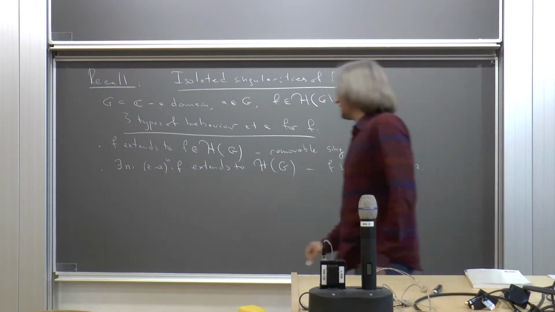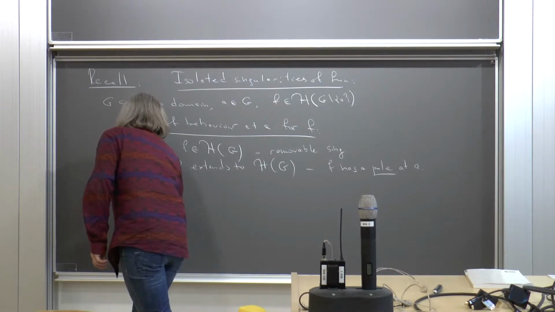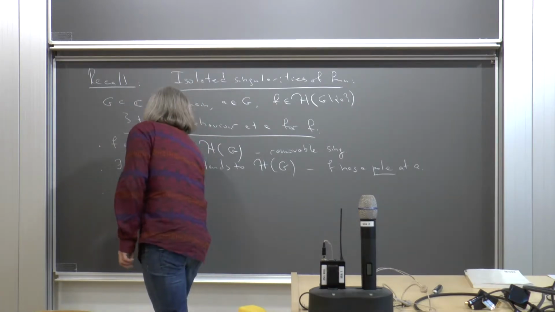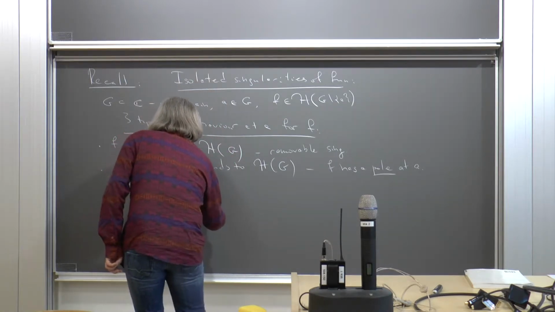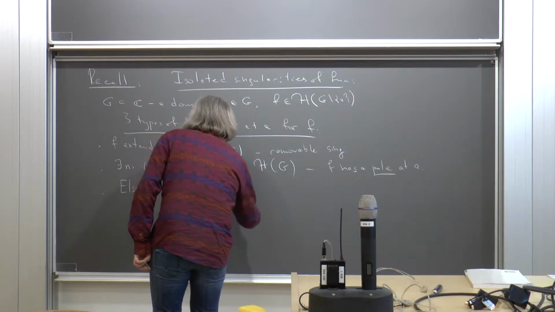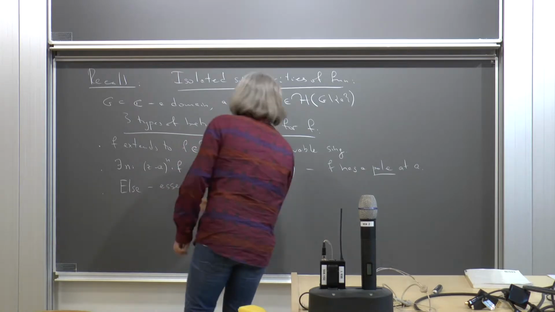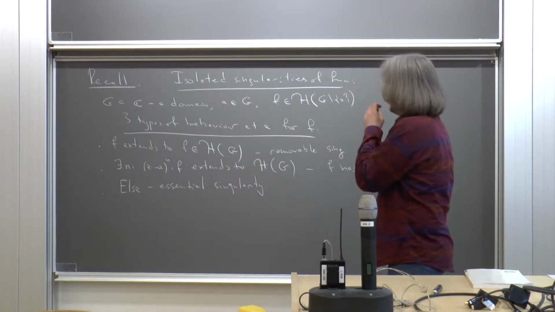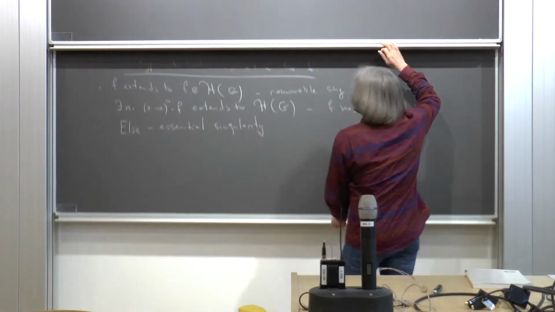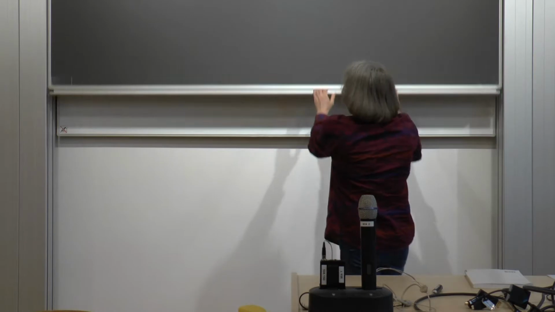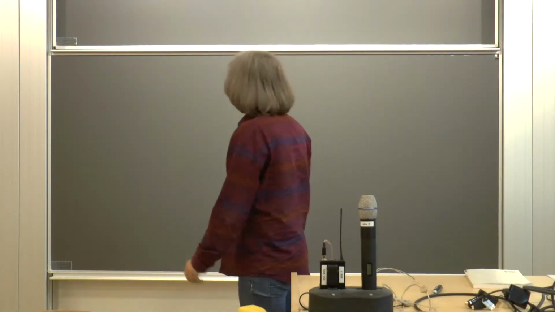And then everything else is an essential singularity. So suppose F has a pole. This is the motivation for what I'll be talking about next.